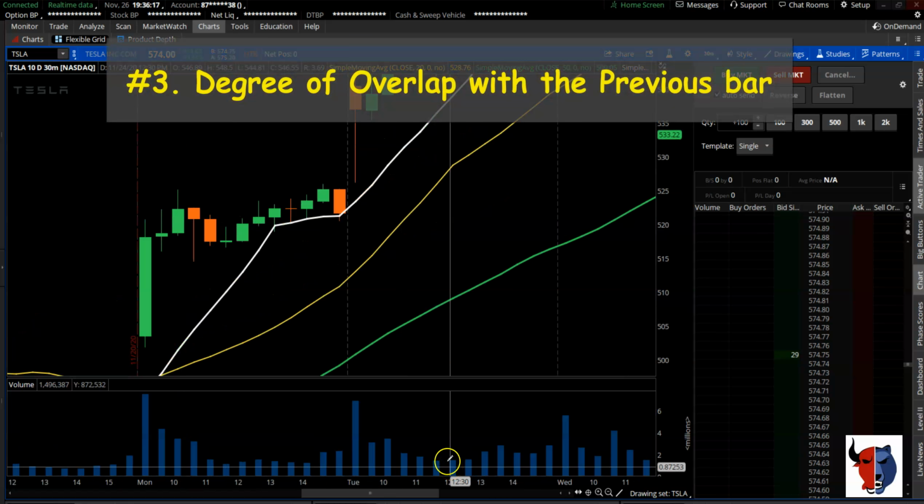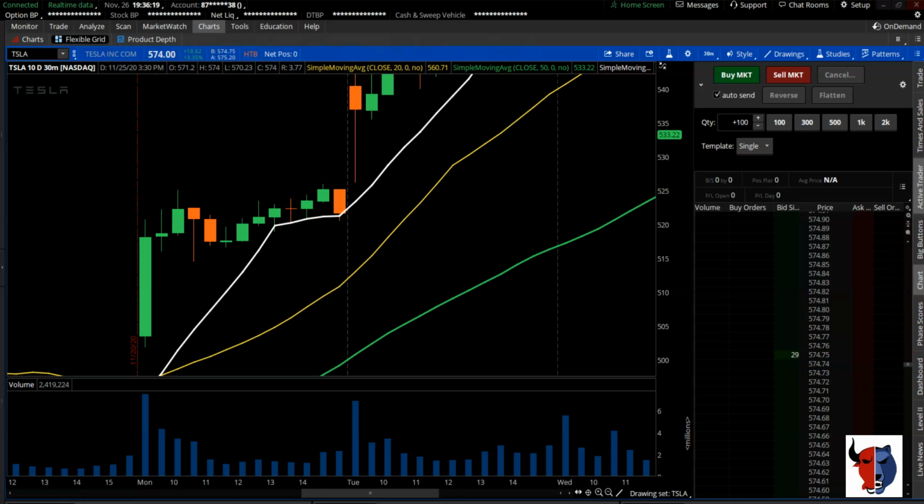Number three, degree of overlap with the previous bar. You can say that this observation will show you how much strength or power a price bar has. Now, if the price bar you are looking at overlaps all the way with the previous bar, that means that the market is essentially sideways.